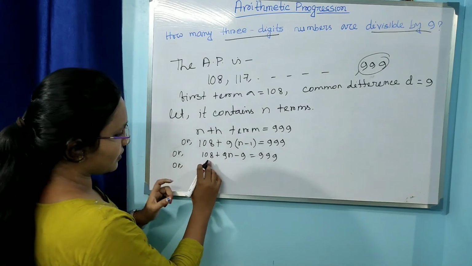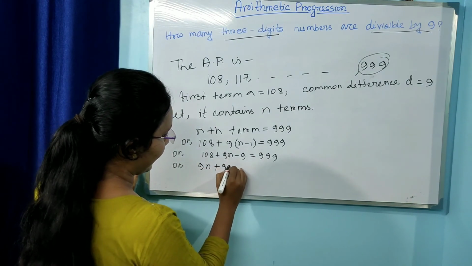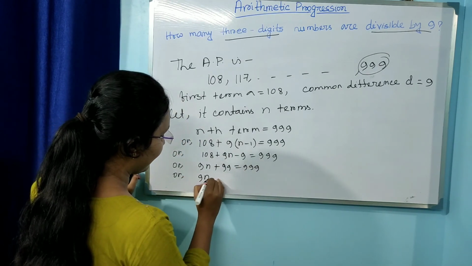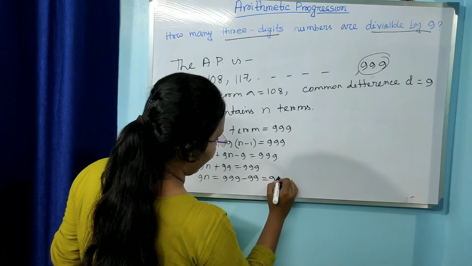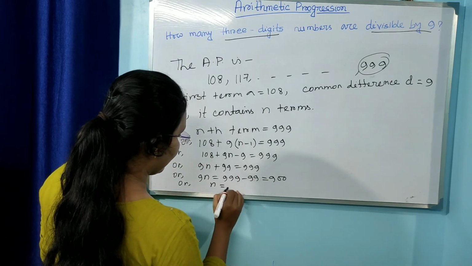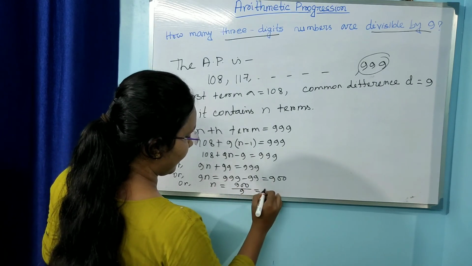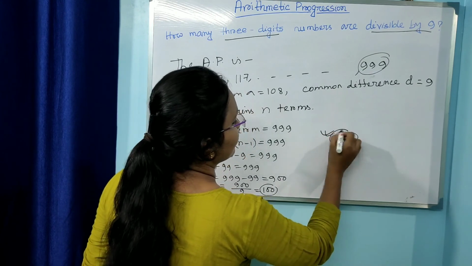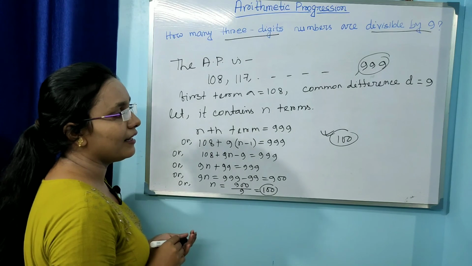If we subtract 108 minus 9, then it will give us 9n plus 99 equals to 999. So 9n will be 999 minus 99, that is 900. Okay, so n will be 900 upon 9, that is 100. So this is the answer. That means 100 three digit numbers are divisible by 9.